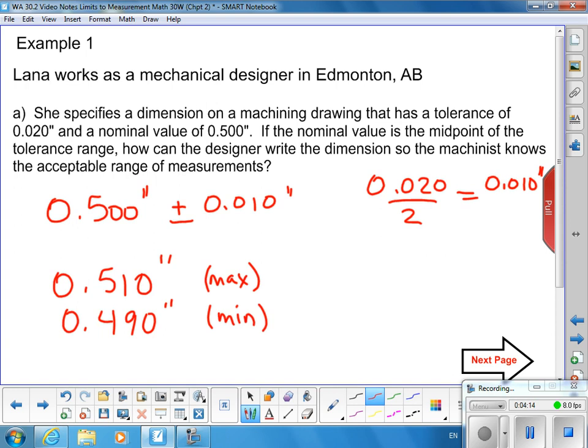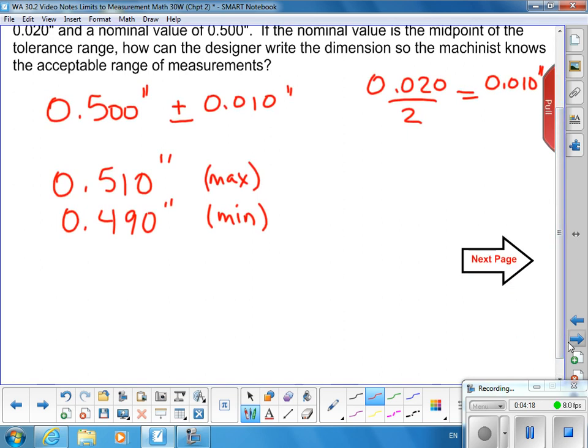Okay? The last two ways to write it would be the min value plus the tolerance. Oops, sorry, got the 0 in the wrong spot. Then of course minus 0 because this is the lowest value it could be.